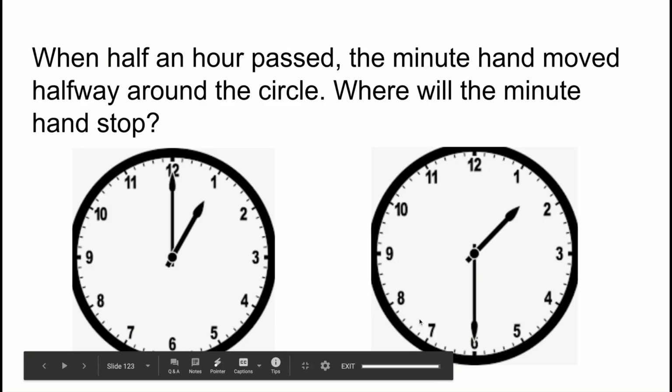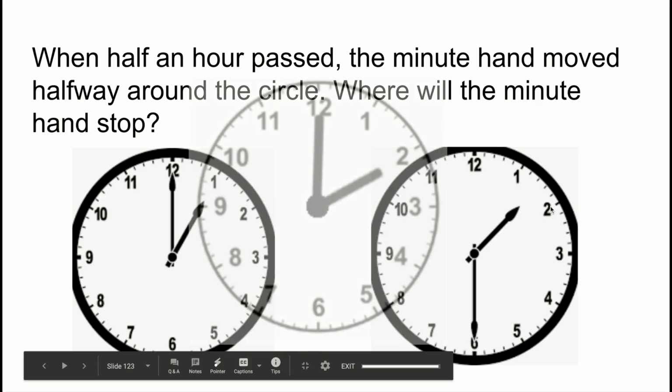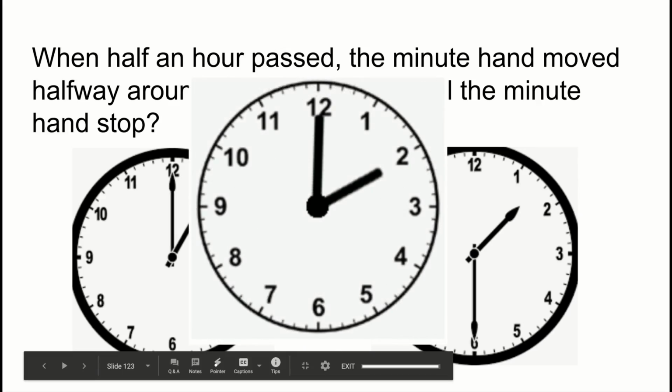The minute hand will move all the way back up to the 12, but the hour hand will go all the way to the next hour, and it will be 2 o'clock. Do you see how when the minute hand is at the 6, the hour hand moves in between the 2 hours? But when the minute hand is at the 12, the hour hand is at the exact hour.